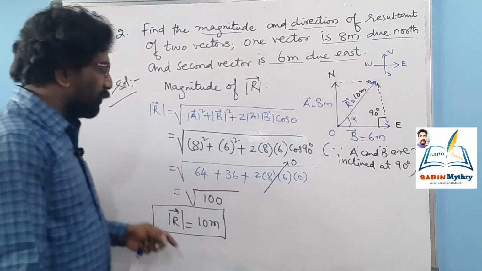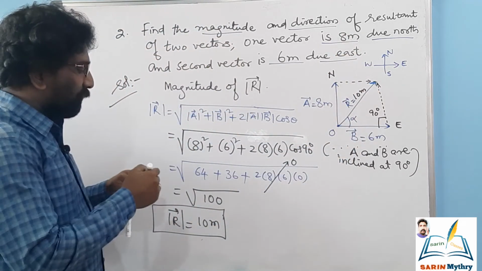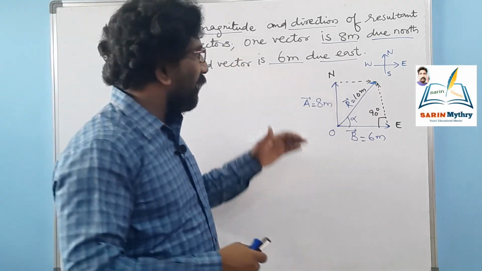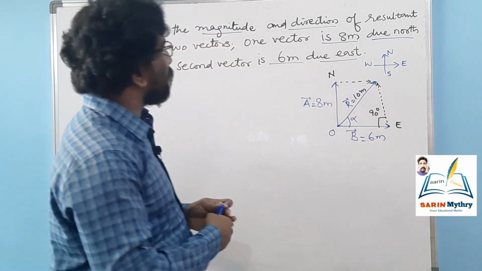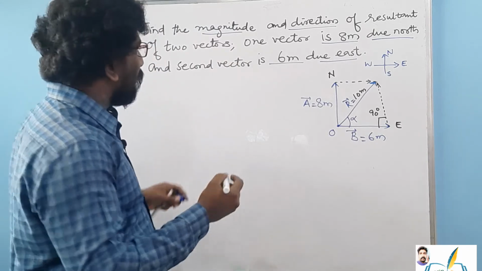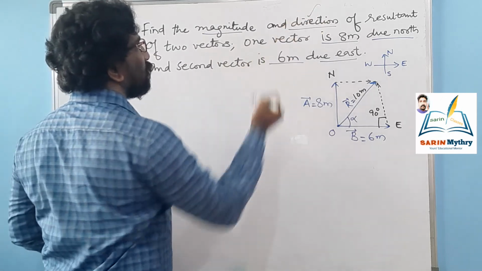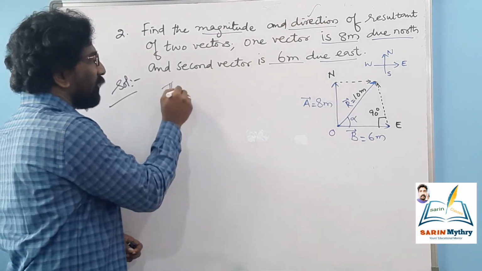This is how you are supposed to find the magnitude of the resultant vector if this kind of problem is given to you. Up to now we have found the magnitude. Now let us find the other part of the question, that is the direction of the resultant vector.